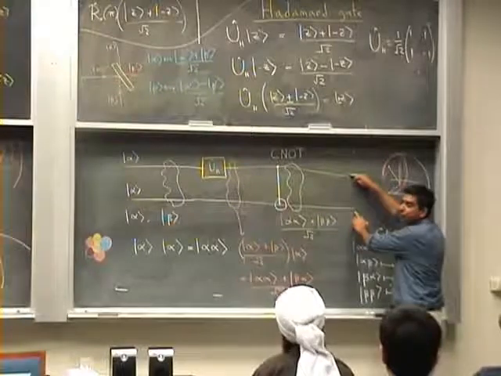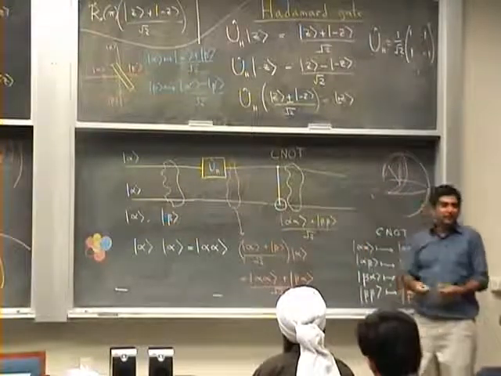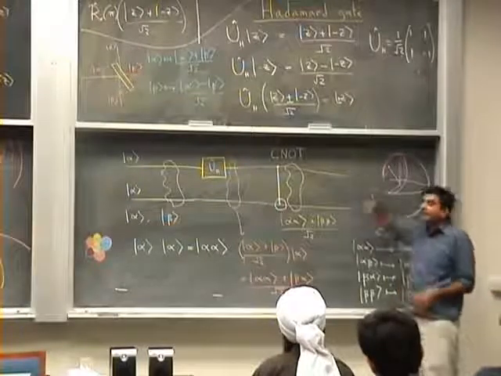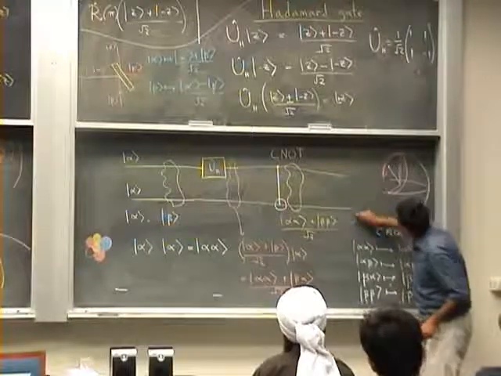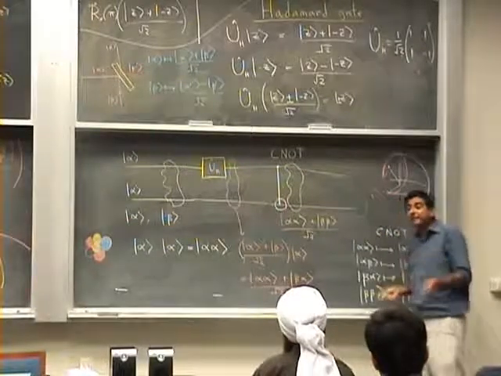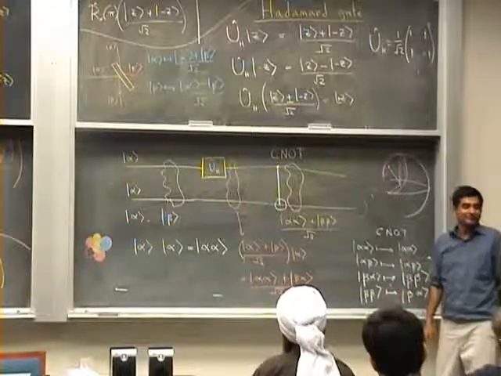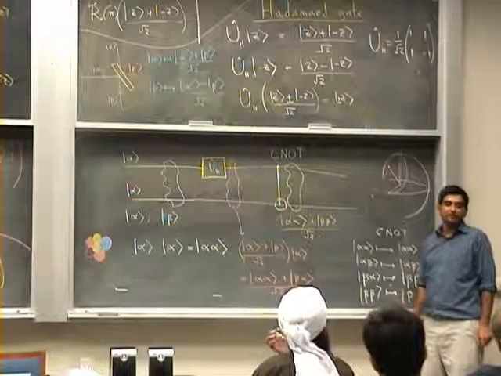If these are two qubits, two spin half particles, I keep one particle with me on Earth and send the other particle to the moon. If I place a detector here that measures in the alpha beta basis, how many possible outcomes do I have for the second qubit?